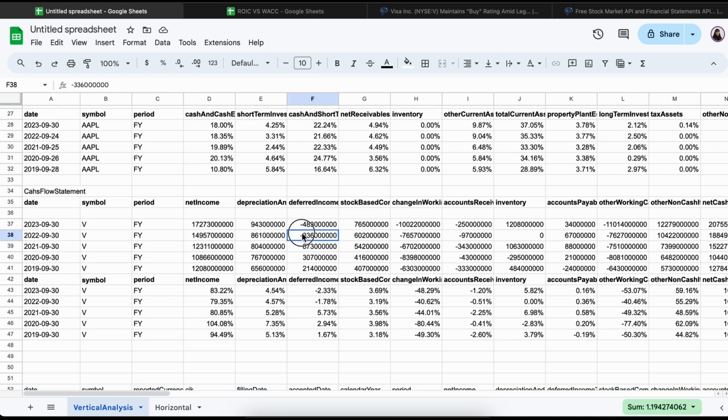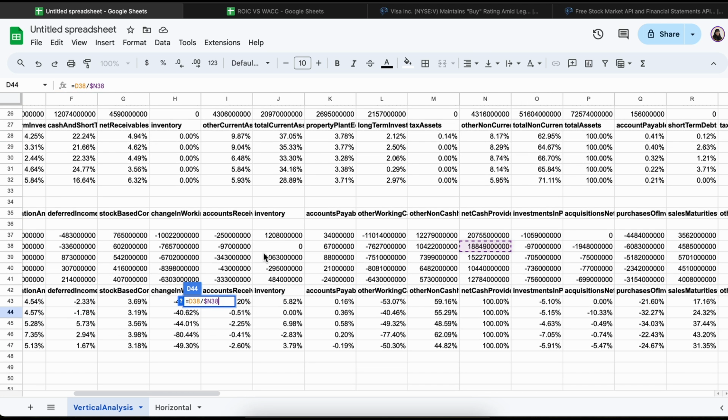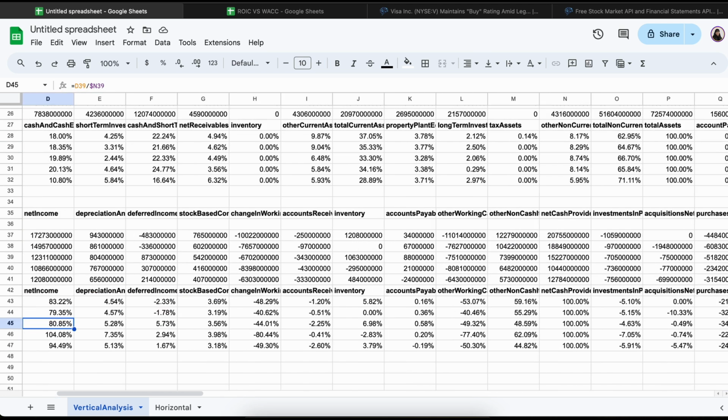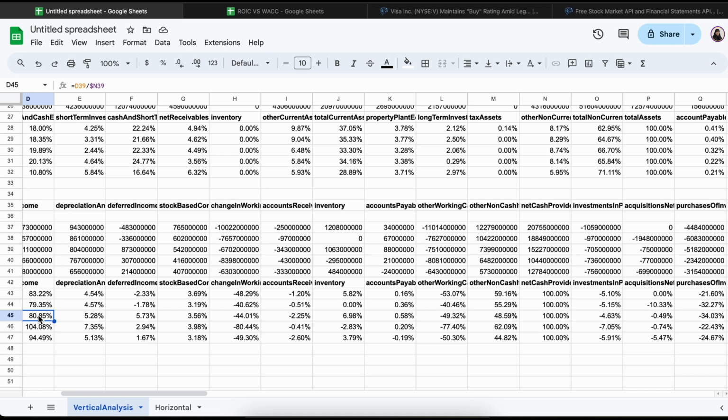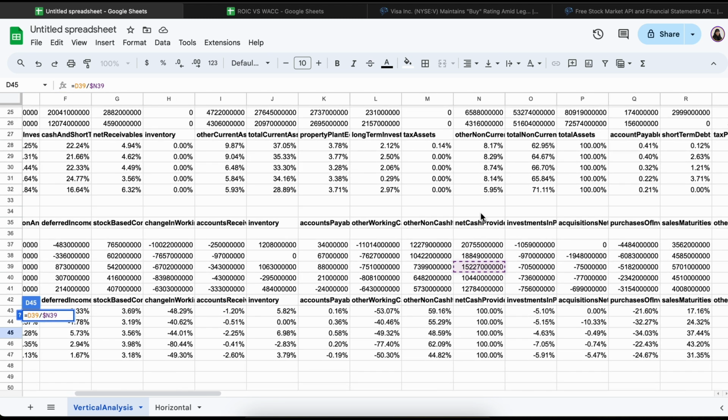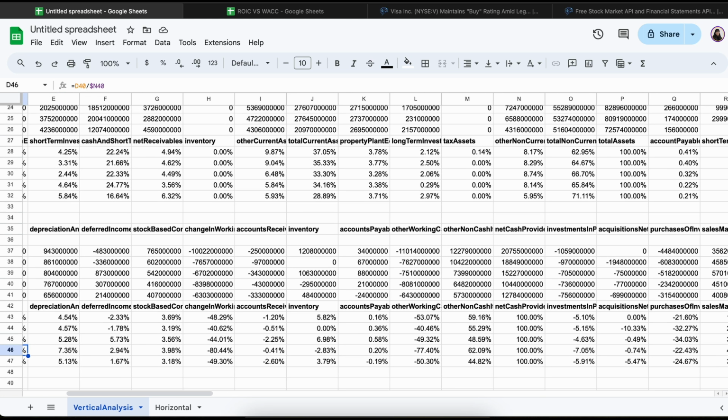From the cash flow statement side, also pay attention to certain irregularities. For example, you had here 104 in net income. Again, if you're interested, you can look at the formula. It is comparing net income to net cash provided by operating activities.